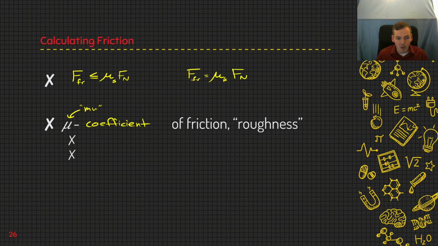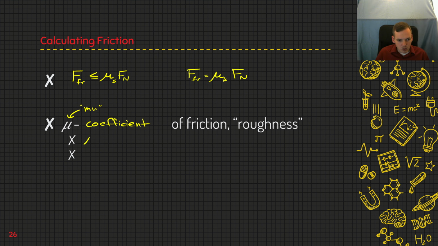And we always talk about it as two surfaces. You might have the coefficient of friction of wood on metal, or rubber on ice, or rubber on asphalt. So you're always going to have two; it's basically the compared roughness of the two surfaces.